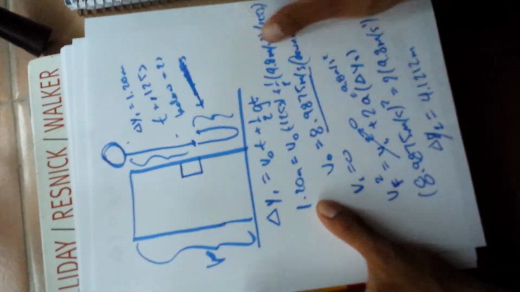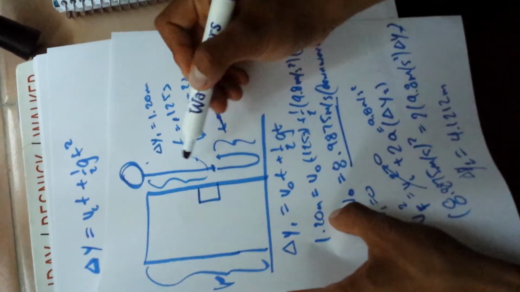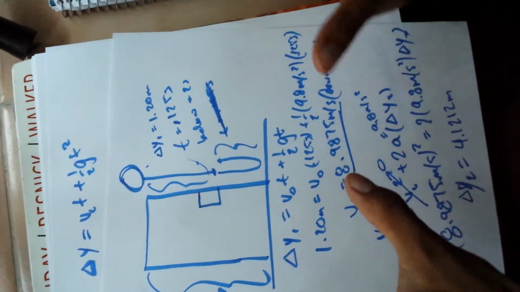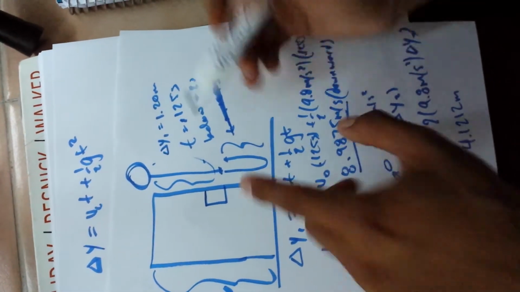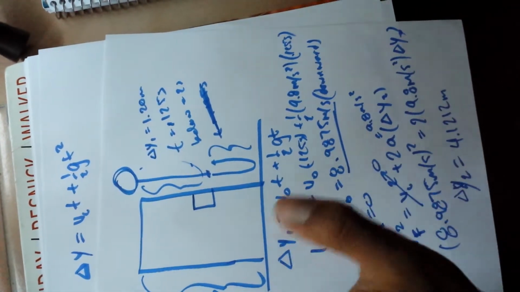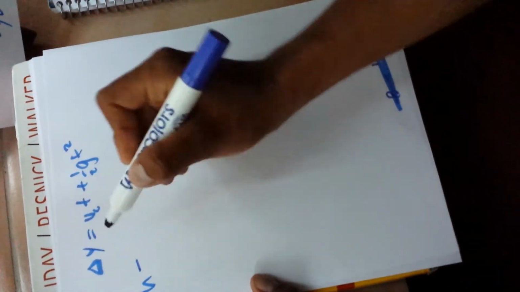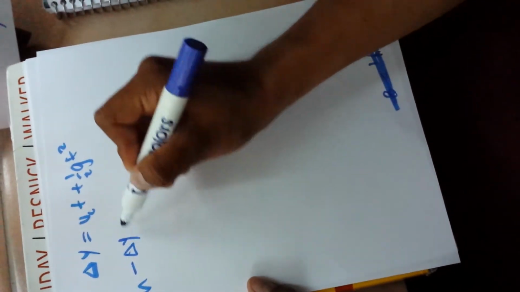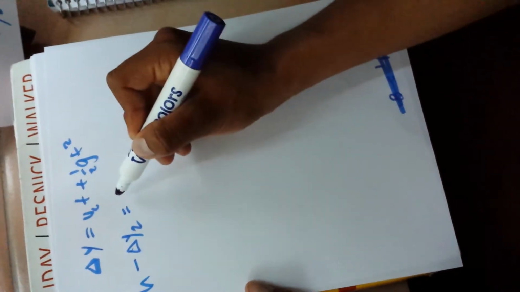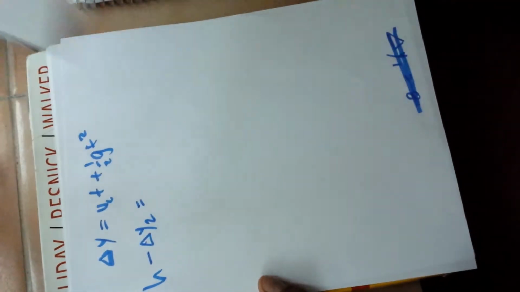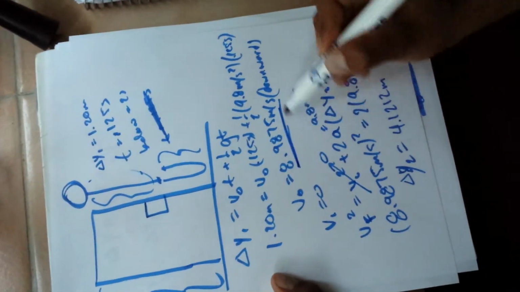The only difference is that we say h because we don't know exactly what this is. Assuming we have the overall distance and subtract this, we get the total height. So we say h minus delta y2 equals the velocity that we solved initially for this part.